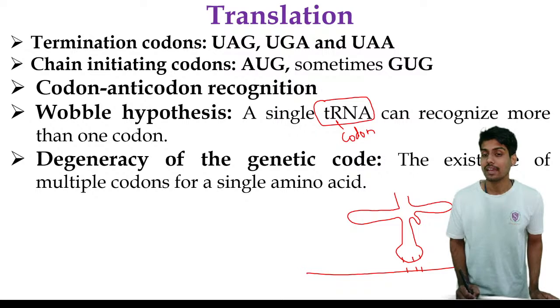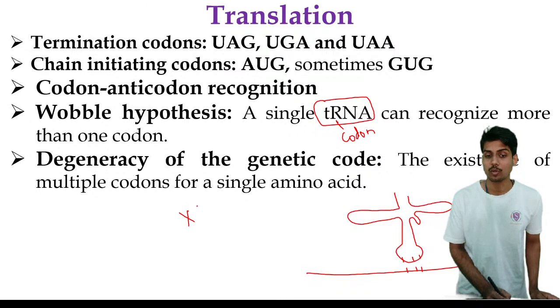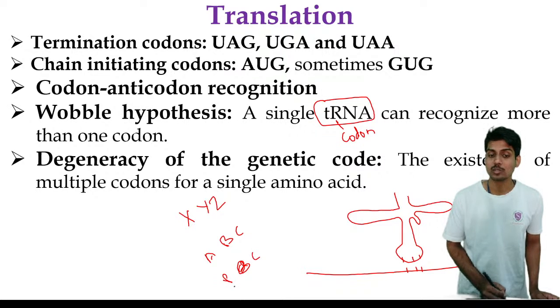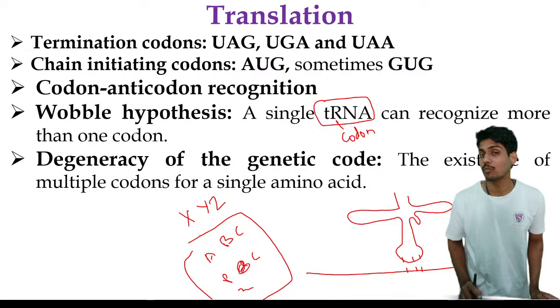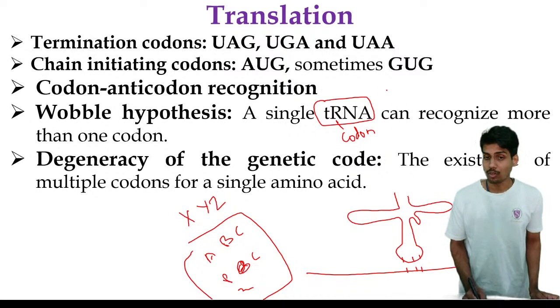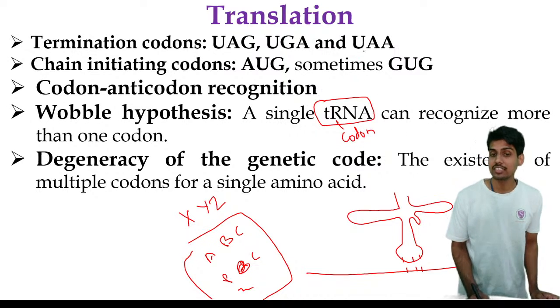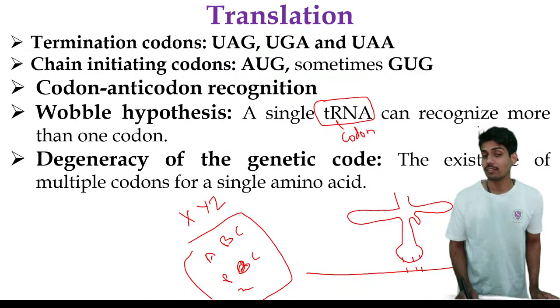For example, if the anticodon is XYZ, it can recognize A, B, C also, or others. So they recognize more than one codon. That is what the wobble hypothesis says: a tRNA can recognize more than one codon.